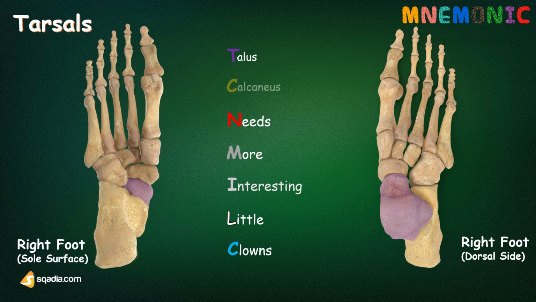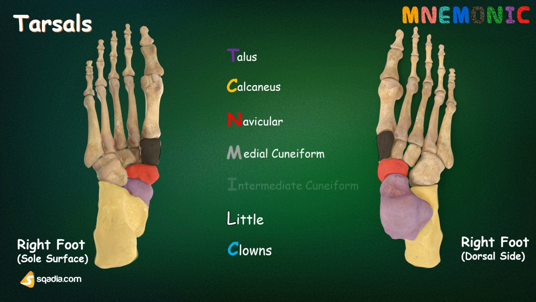C is for calcaneus. N is for navicular. N is for medial cuneiform. I is for intermediate cuneiform. L is for lateral cuneiform. And C is for cuboid.